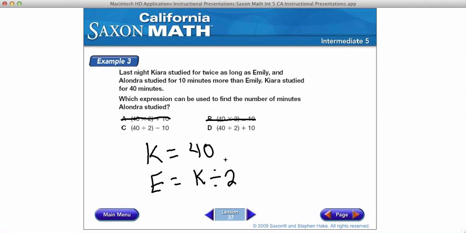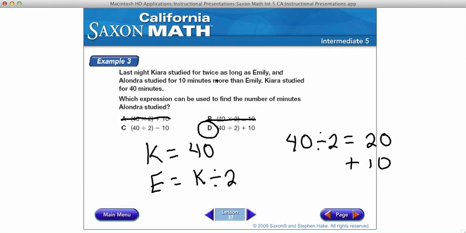So since she studied more, we're going to be adding time, not subtracting time. So Emily studied for 20 minutes because 40 divided by 2 equals 20. That's how long Emily studied, but Alondra studied for 10 minutes more than Emily. So now I'm going to add 10. So D here is my answer.